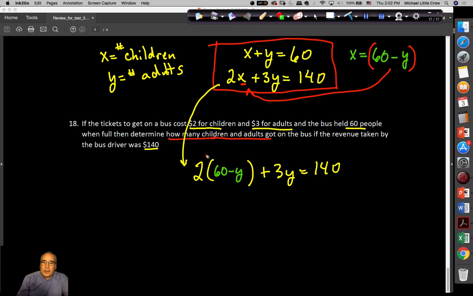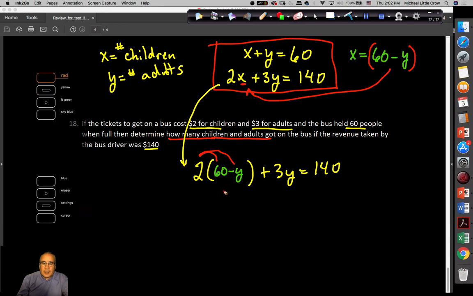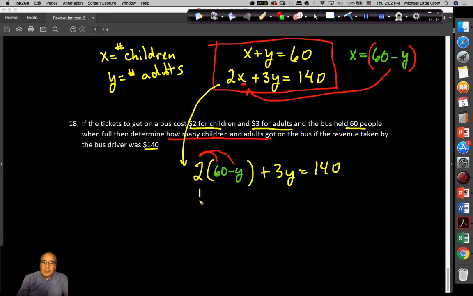And we should hopefully remember we need to distribute this 2 to both of these terms. So that's going to give us 120 minus 2Y plus 3Y equals 140. We can combine like terms, these Y's, 3Y minus 2Y, so we get 120 plus 1Y equals 140.